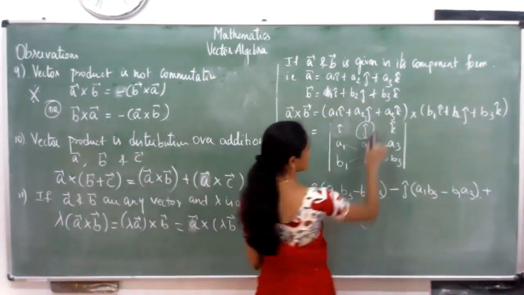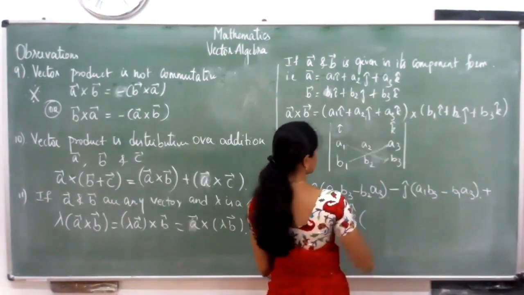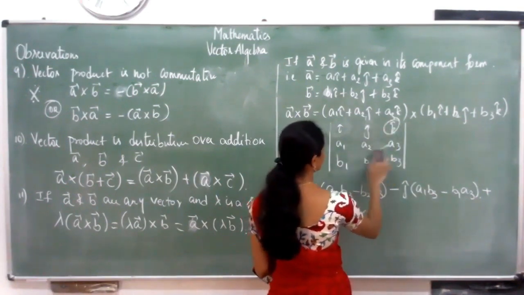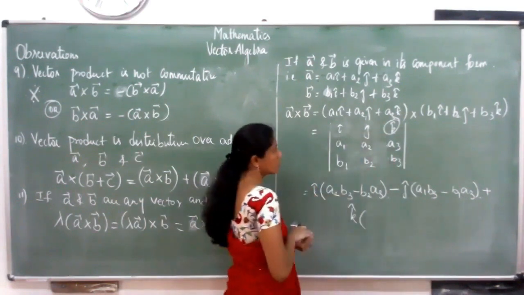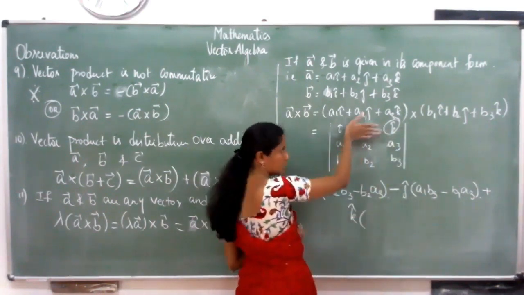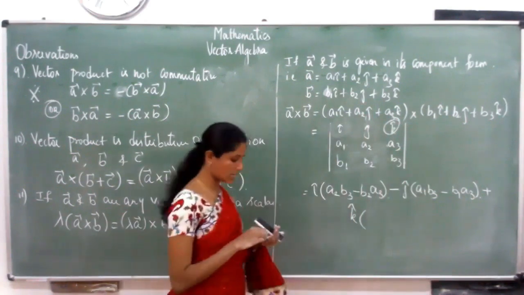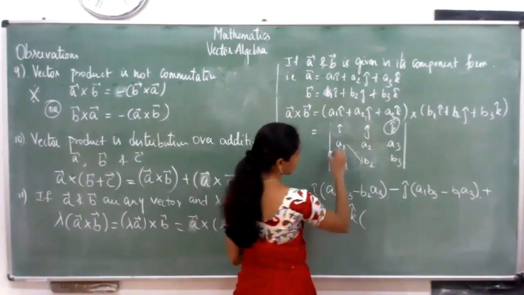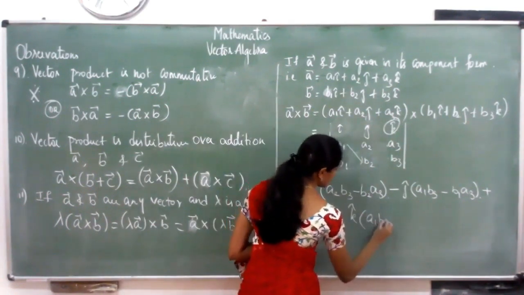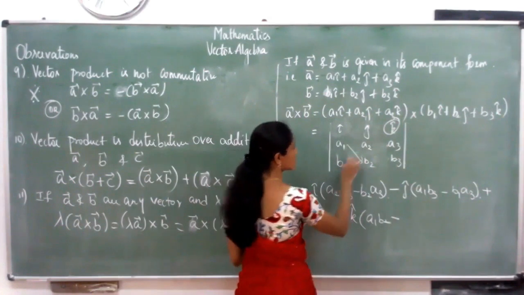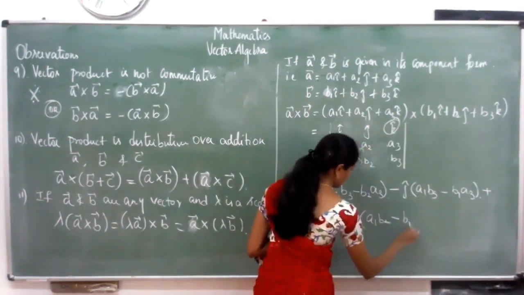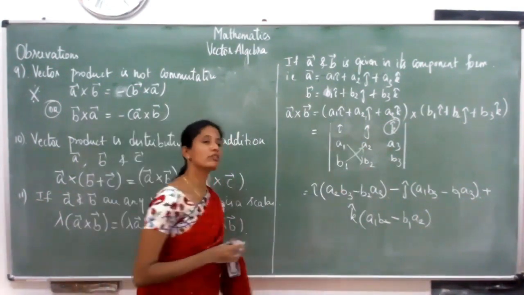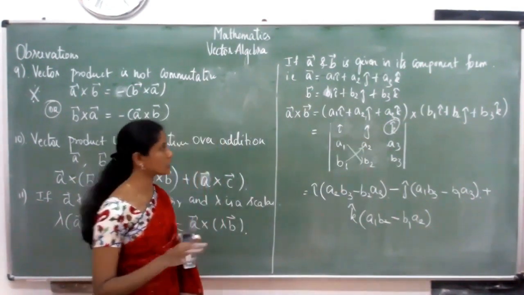Next I am considering k cap here. The corresponding row and column should be neglected, that is the first row and the third column. So you have these 4 elements. So this will be A1 into B2 minus B1 into A2. Okay, so this is how we find the cross product between the two vectors.